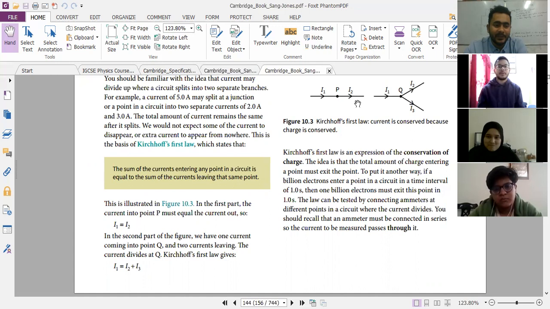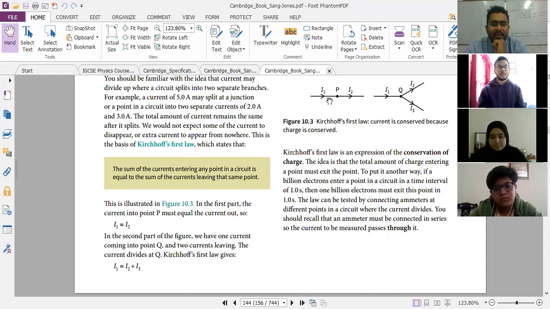If that number of charges passes through a point in a conductor each second, we can say 1 amp of current is passing. So if 1 coulomb of charge passing in one second gives 1 amp of current, then definitely current is the consequence of the charge.